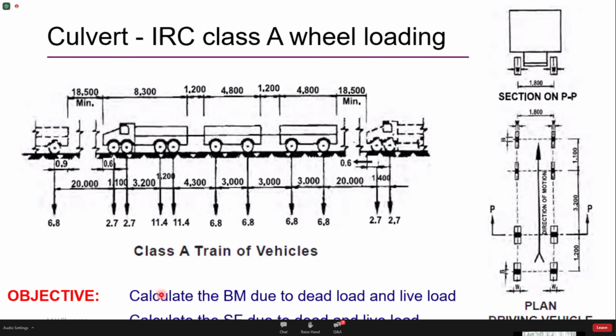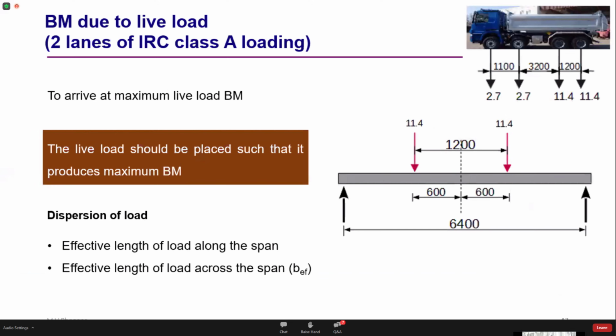So what part has to be accommodated? We have to accommodate those axles which are transmitting the severest or the highest axle loads. That is given by this part, which I have highlighted here. This portion of the vehicle is transmitting the highest axle loads.